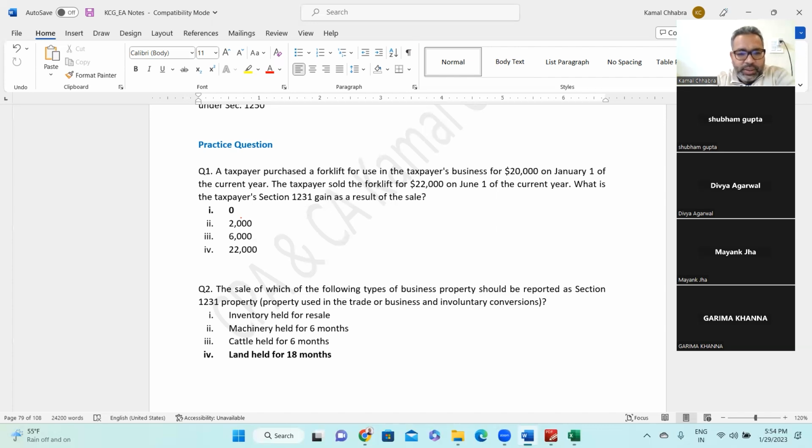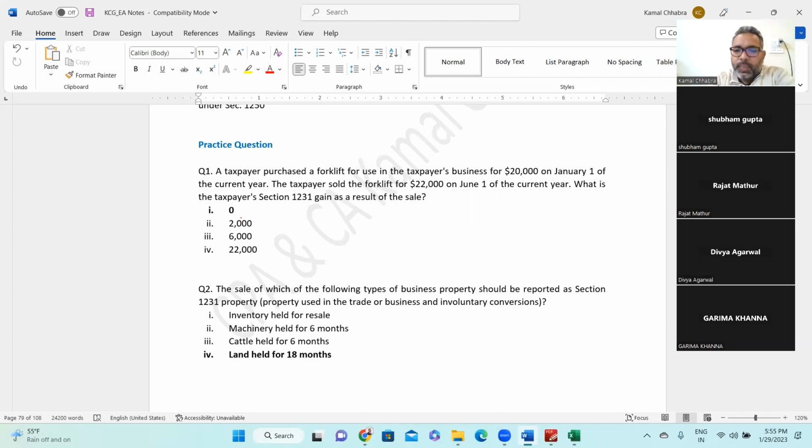First is inventory held for sale. Second is machinery held for 6 months. Third is cattle held for 6 months. Fourth is land held for 18 months. Which kind of property will be considered for section 1231?